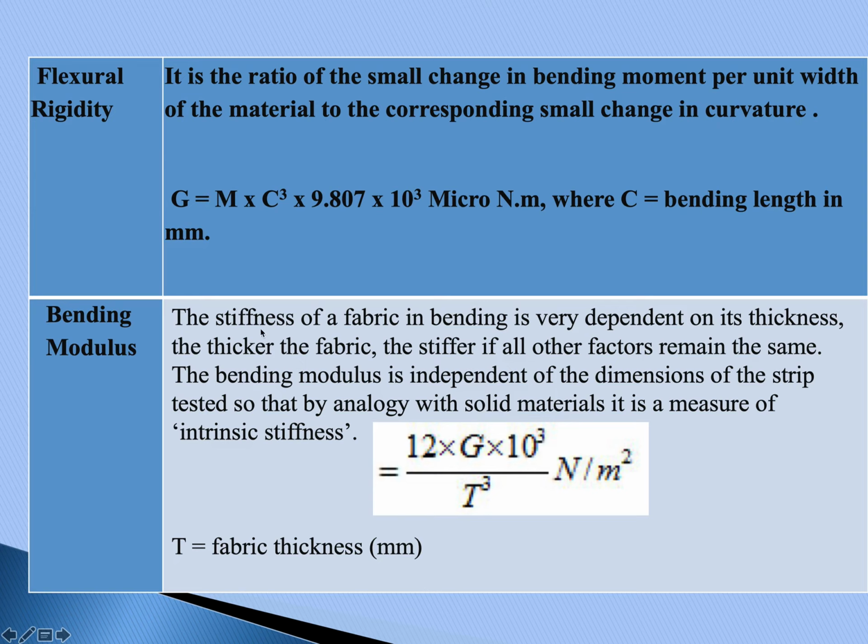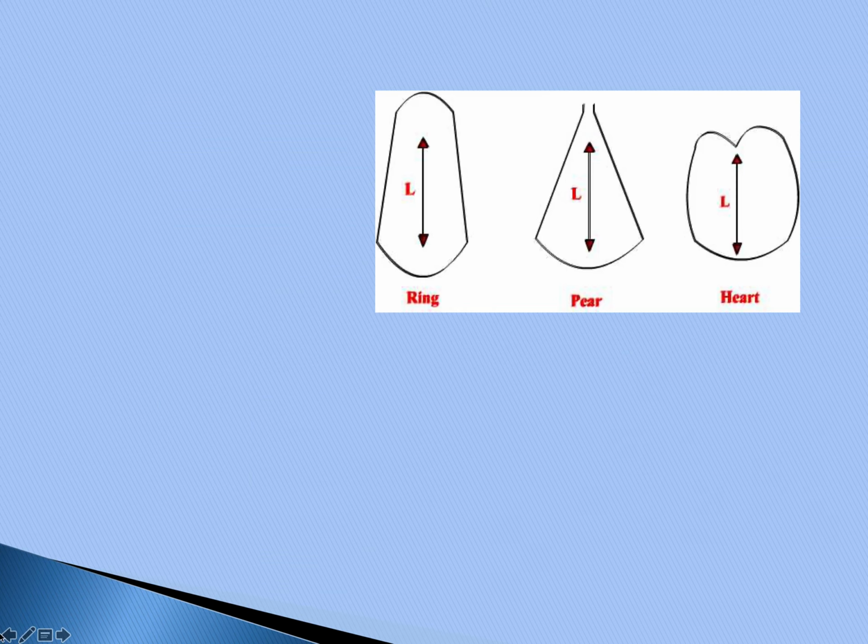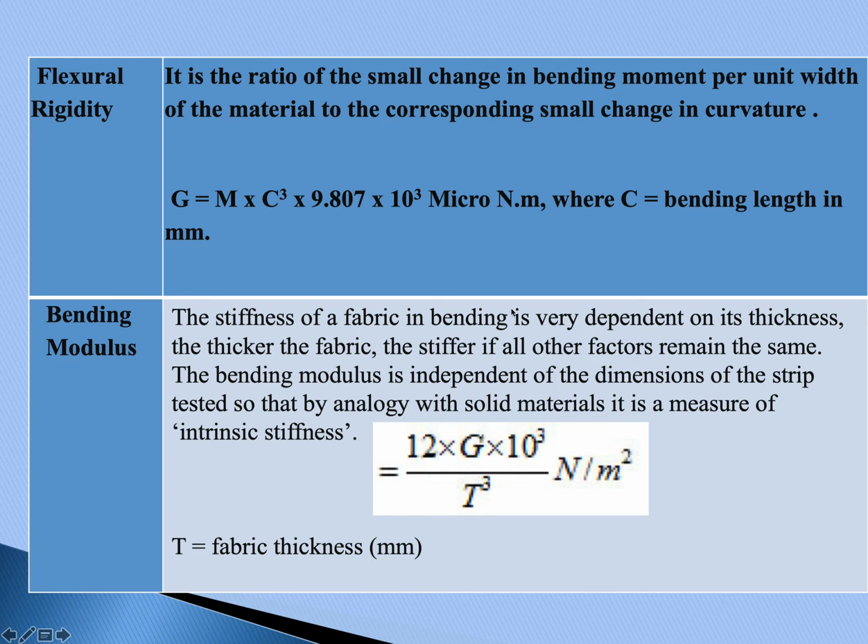Bending modulus: the stiffness of the fabric in bending is dependent on thickness. The thicker the fabric, the stiffer, if all other factors remain the same, if all other constructional parameters are kept the same, and if only the thickness of two samples varies.